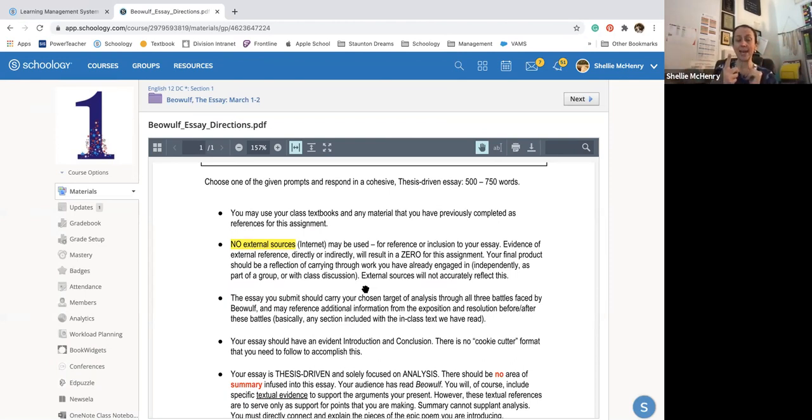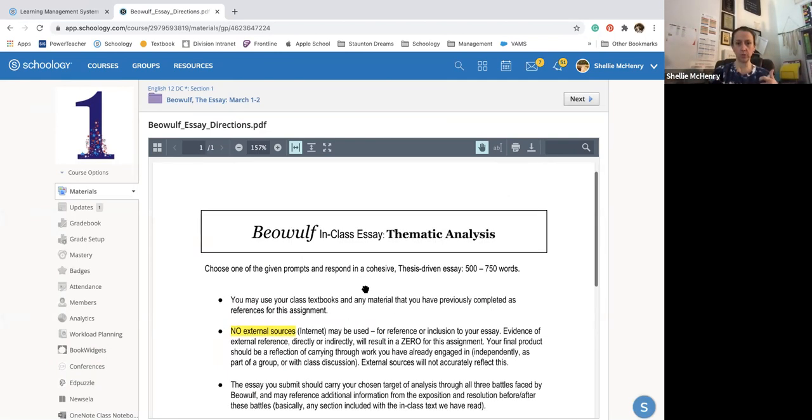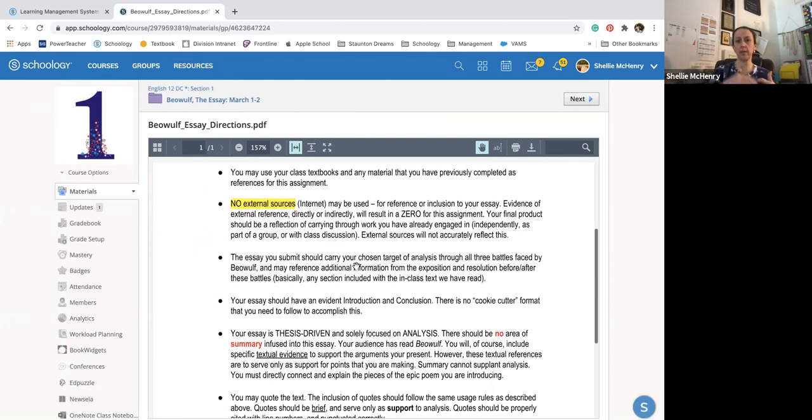You may use the text. So it refers to class textbook, because this is typically, I think, an in-class essay. So the way the assignment is typically given is the day you come in, you get 2 handouts. One has the directions, one has the prompts, and this is due within 1 class period.